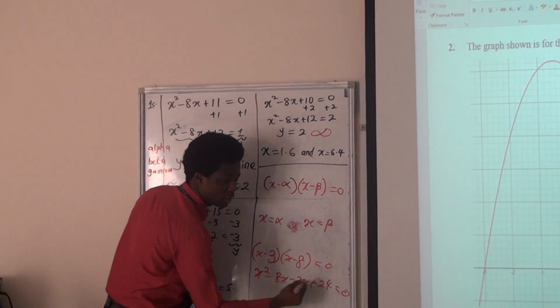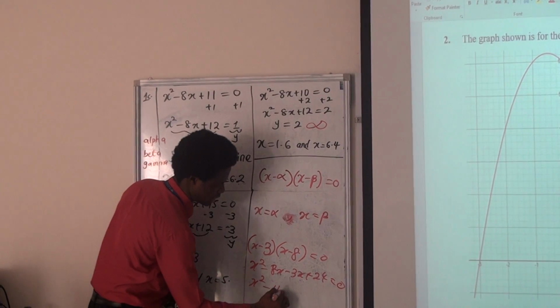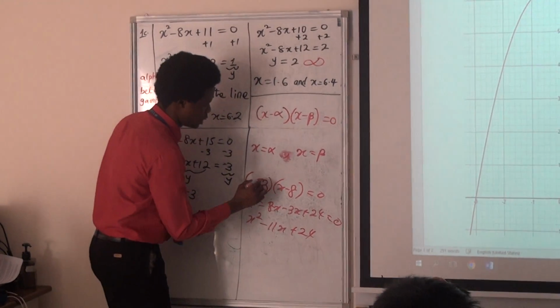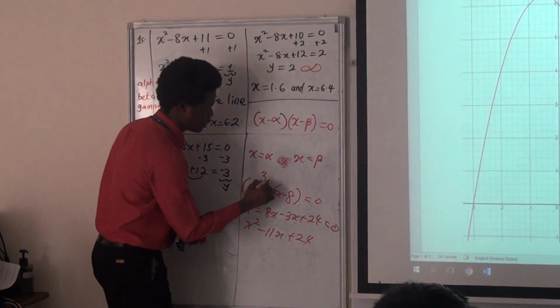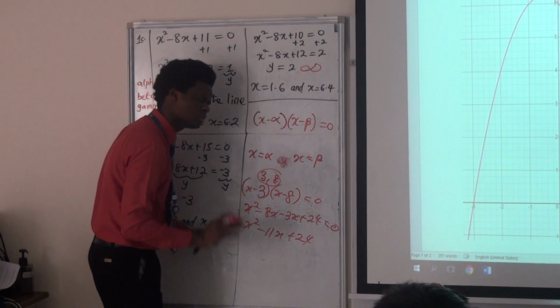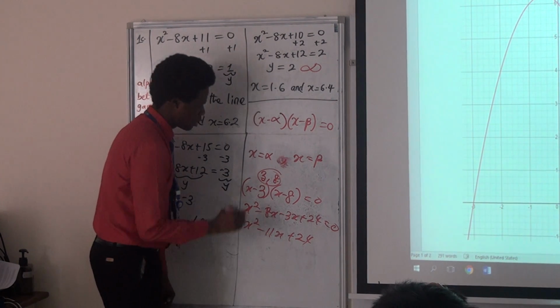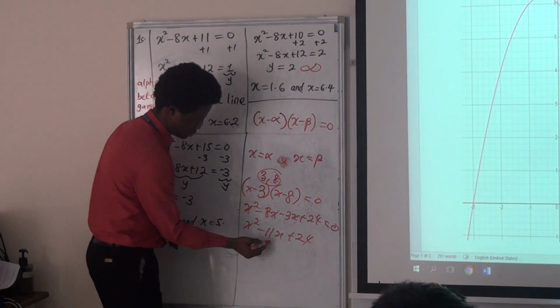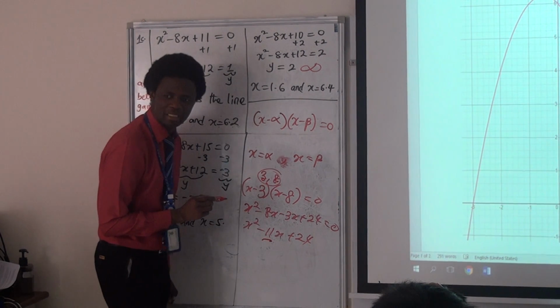Do you agree with me? So that is x squared minus 11x plus 24. Do you agree? What does that tell you? The answers are 3 and 8, remember? What do you get when you add them together? 11. When you multiply them, what do you get? 24.